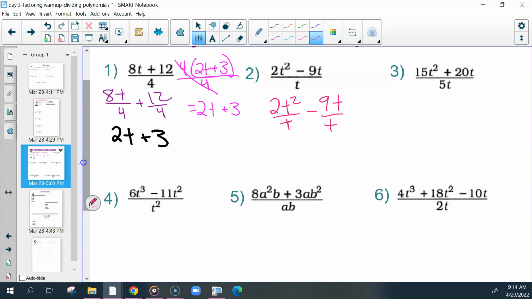Now our exponent rules are coming back into play. If we're dividing like bases, what are we doing with the exponents? Subtracting. So 2t squared over t would give us 2t, and negative 9t over t, negative 9.